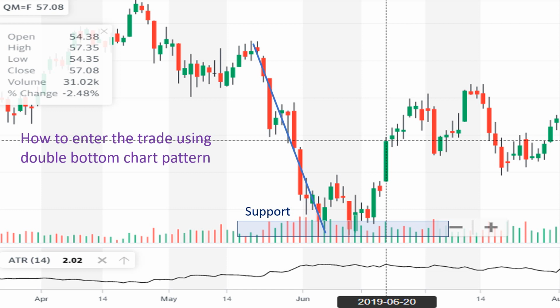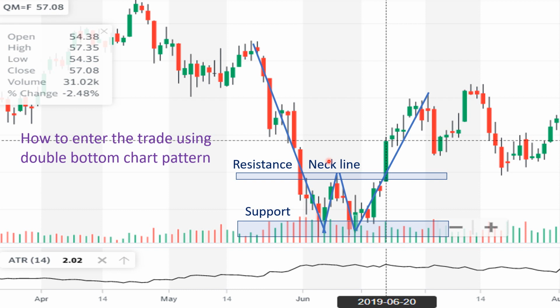Then the market bounced back up to a level of resistance, and it got rejected by the resistance level and going downward. The market hit and retested the support and bounced up and broke the neckline and closed above the neckline.